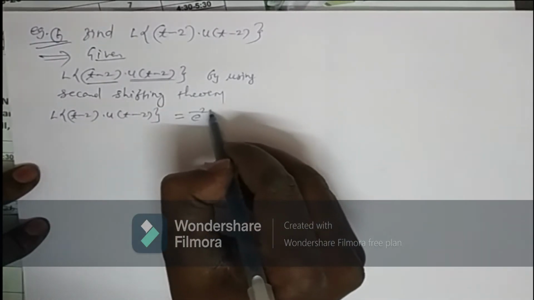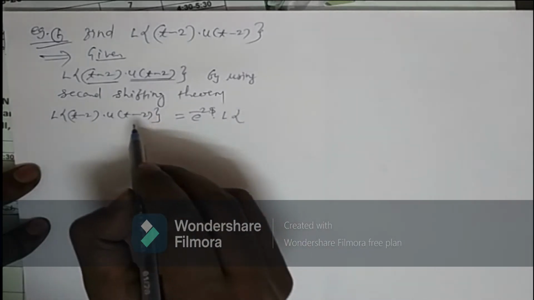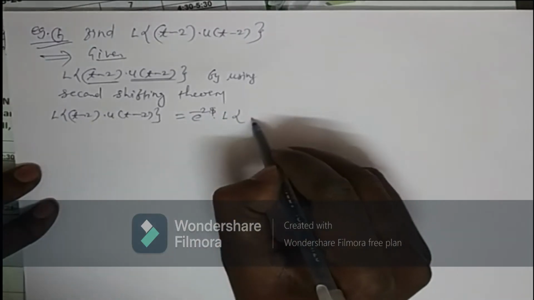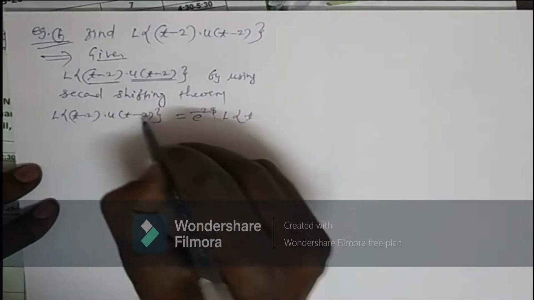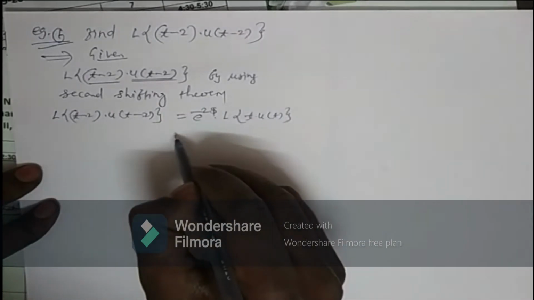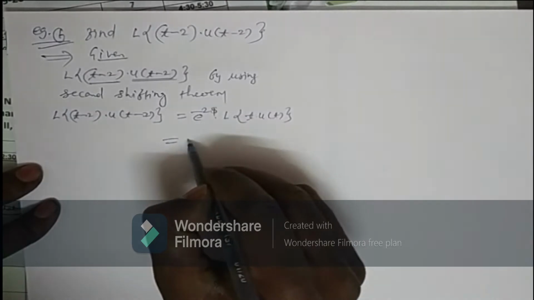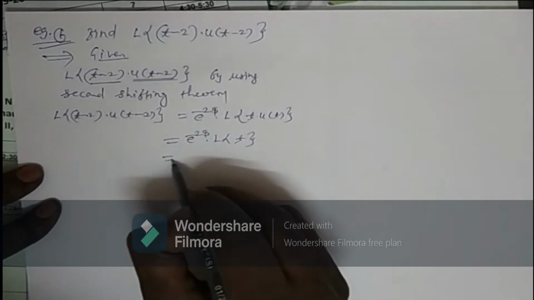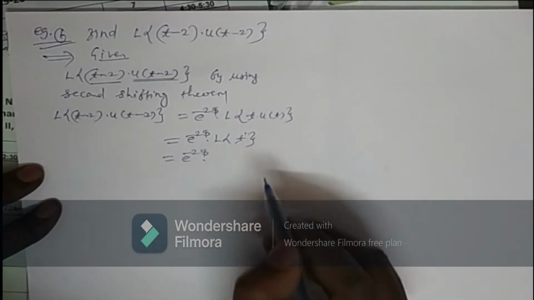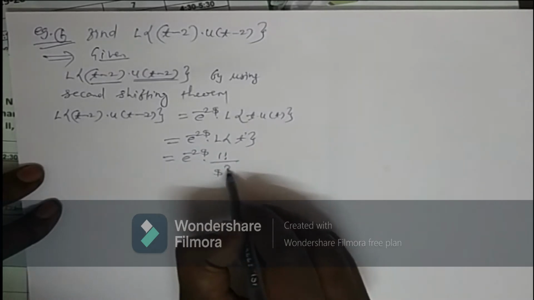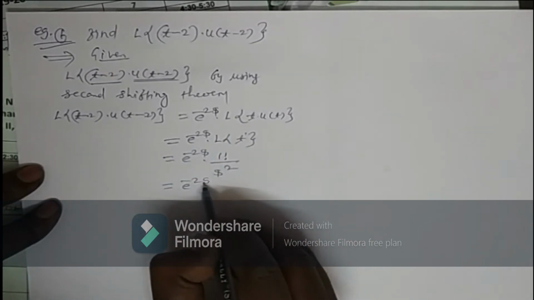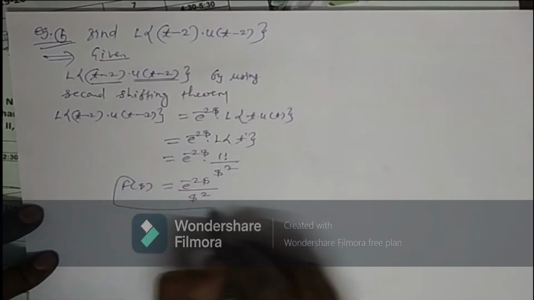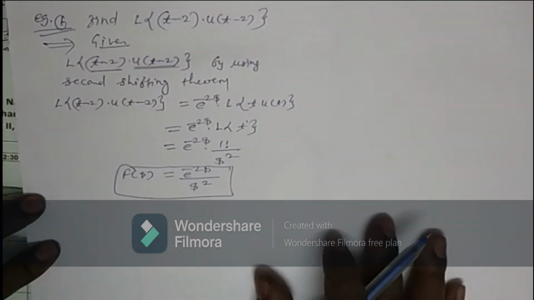That is equal to e raised to minus 2s into the Laplace transform of t, which is 1 factorial upon s raised to 2. So finally the answer is e raised to minus 2s upon s square. This is the value of f of s.